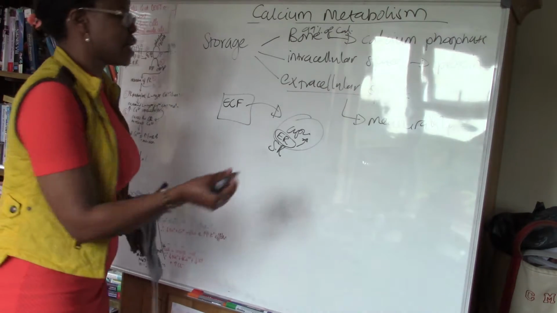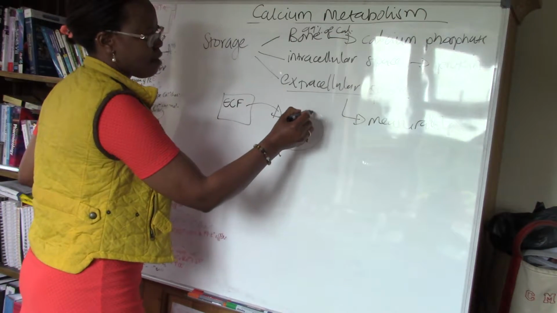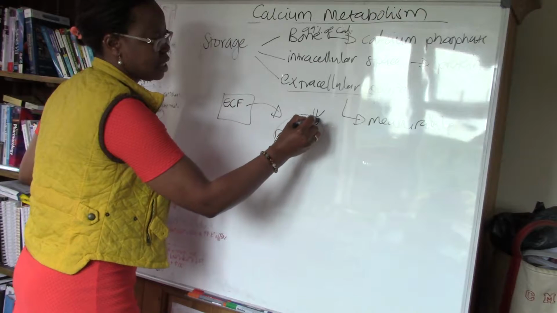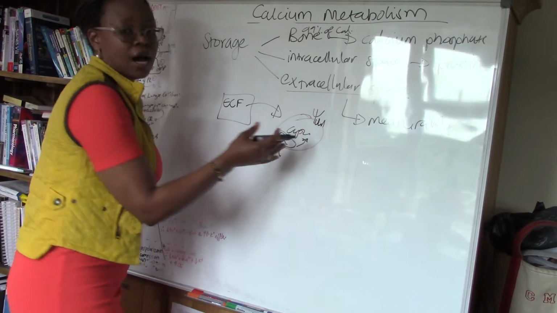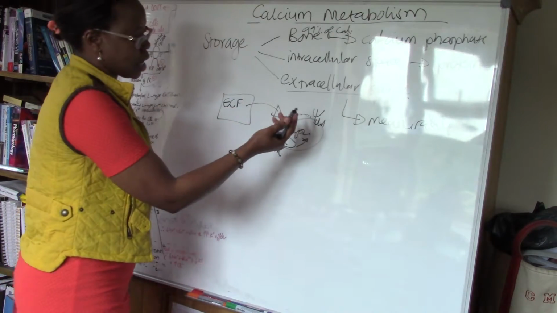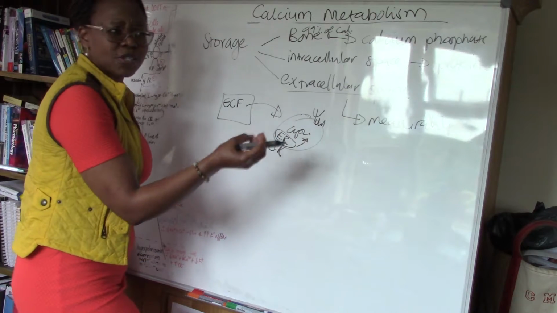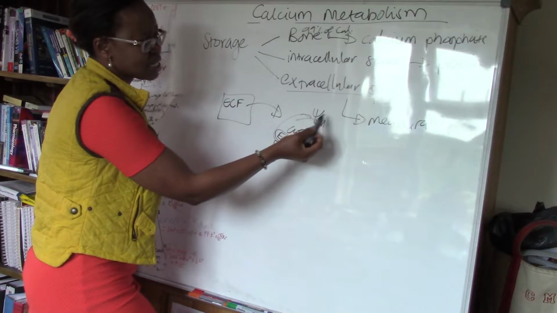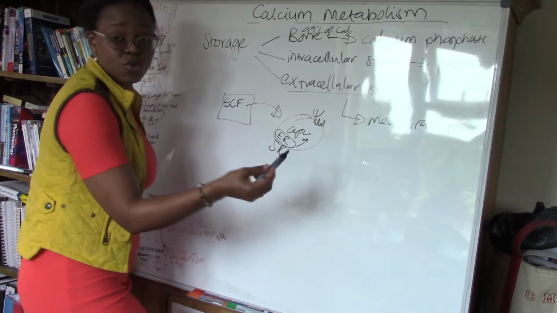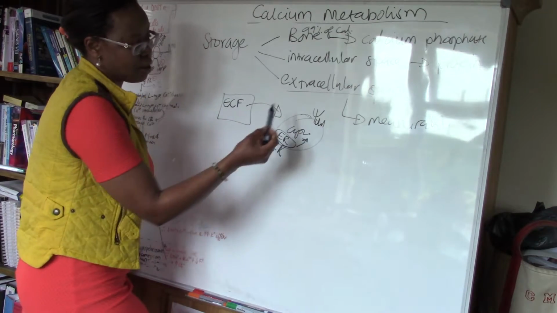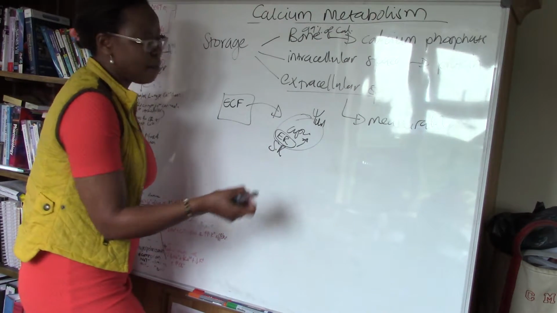For example, say we have a G protein coupled receptor, a transmembrane receptor, sitting there.